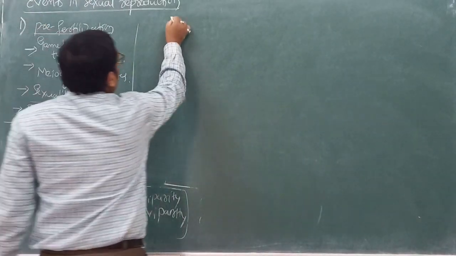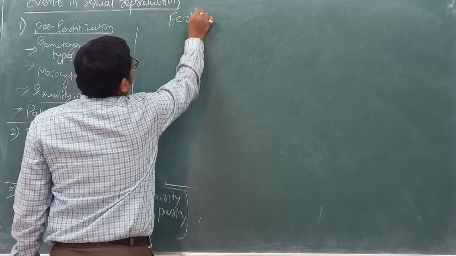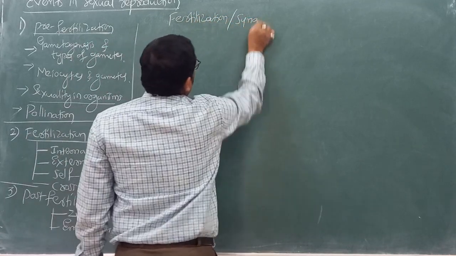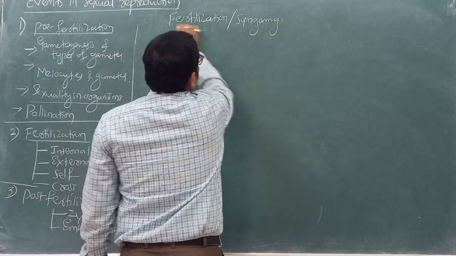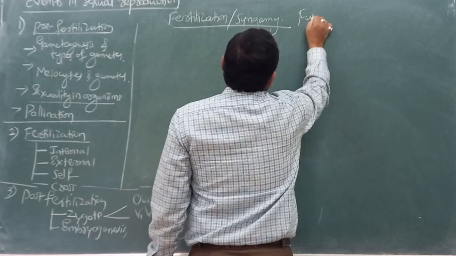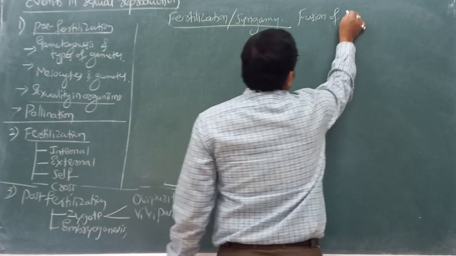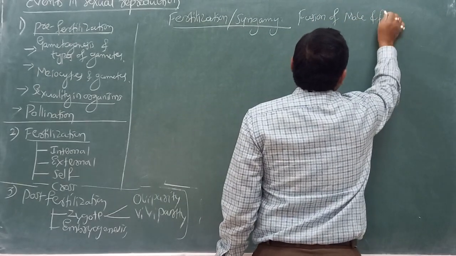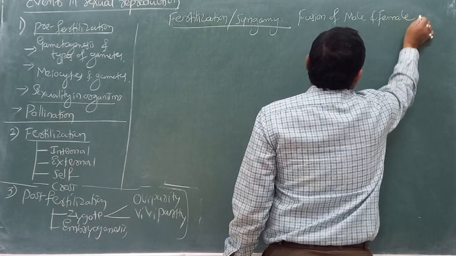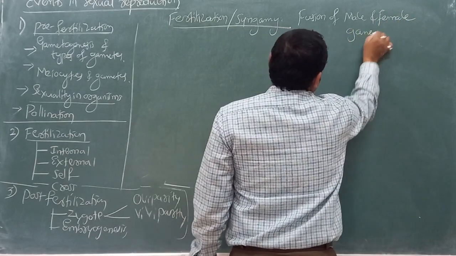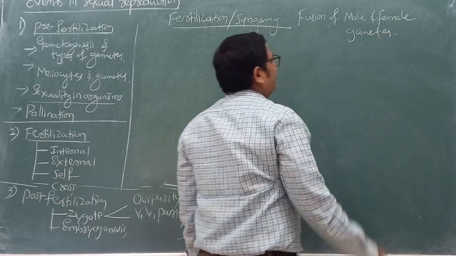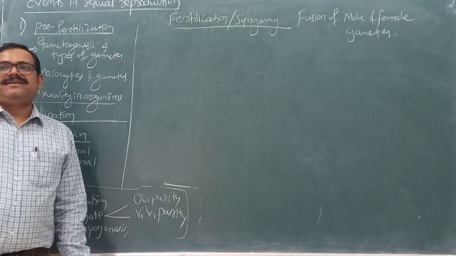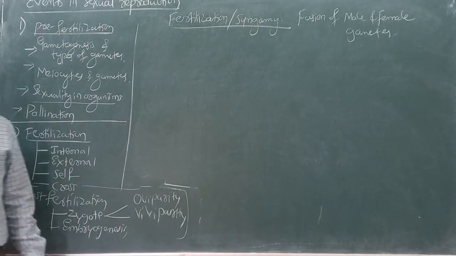Fertilization is also called syngamy, meaning a fusion of male and female gametes, not individuals. Fusion of male and female gametes is called syngamy. It is also called amphimixis.